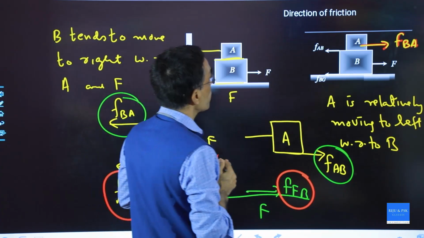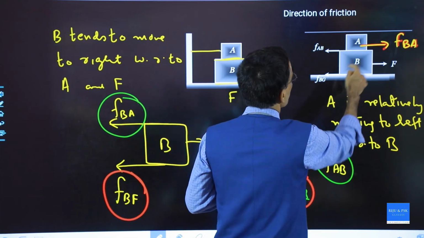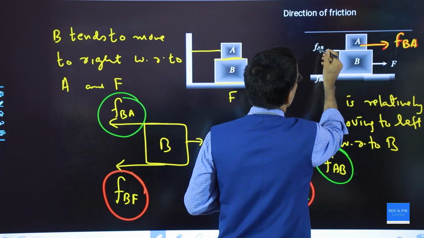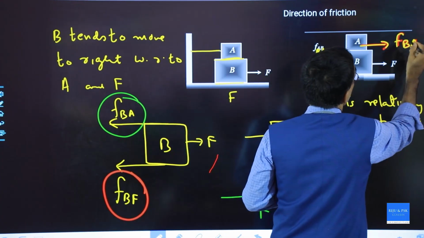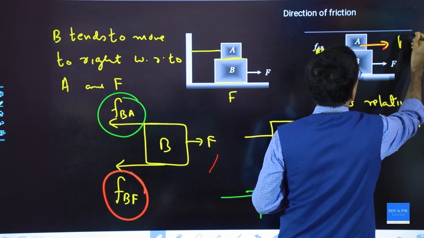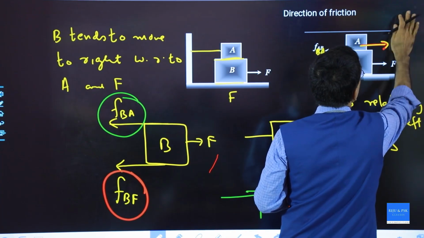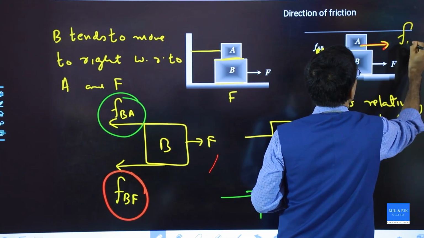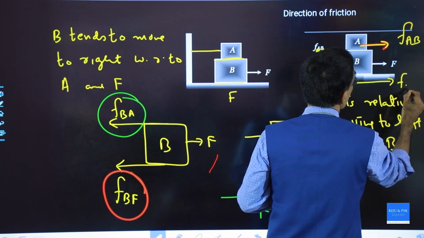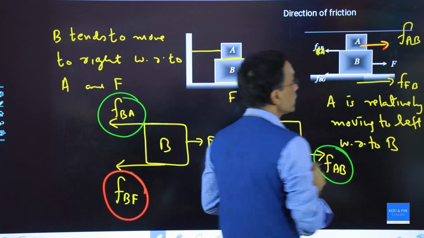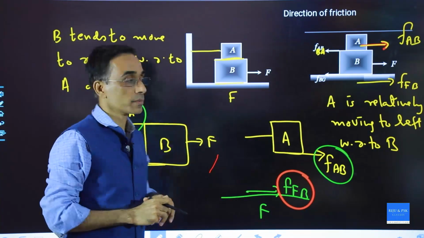You should be careful about that one. This is the force of friction on B due to ground. This is force on B due to A, and this is force on A due to B. Force on A due to B, and there will be force here, force on the floor due to B. All these are the different directions and pairs. Okay.